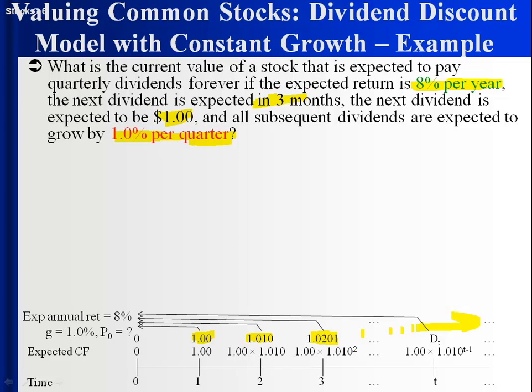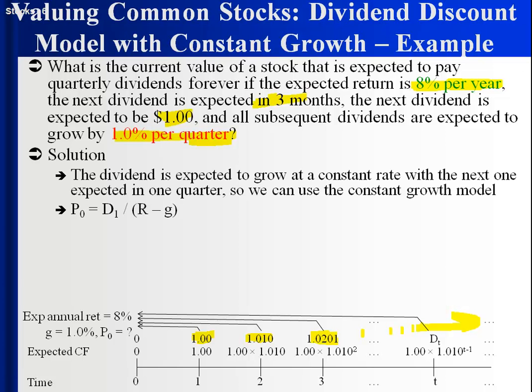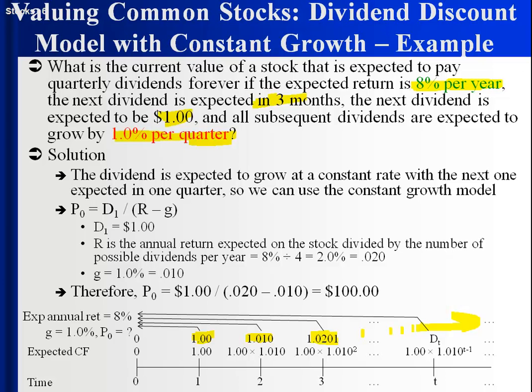So compared to the other stock, this has the same discount rate, the same cash flow in one period, but after that, all cash flows are expected to be higher than the stock we just looked at. We'd expect it to have a higher value, and in fact it does. This stock is worth $100 because we've got the higher growth rate.